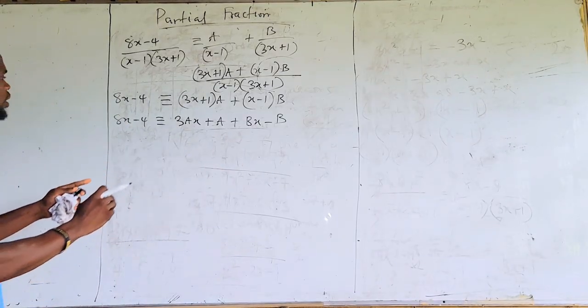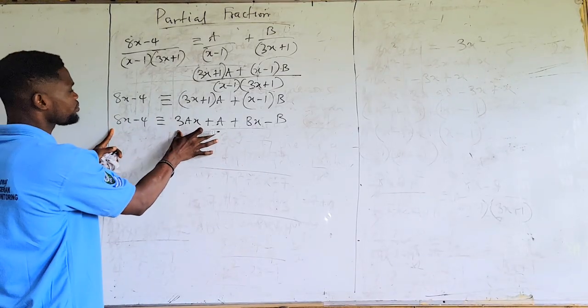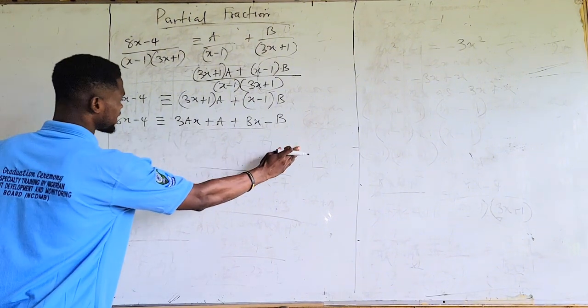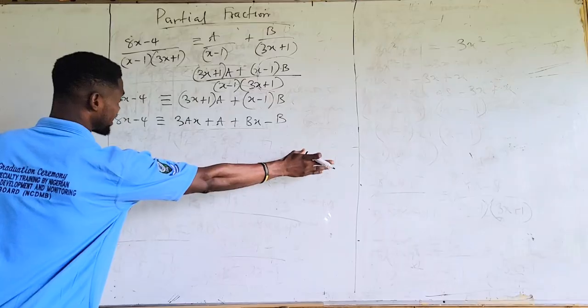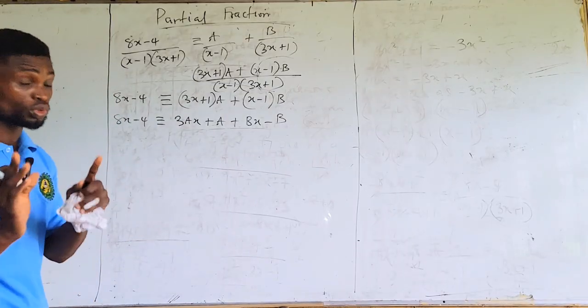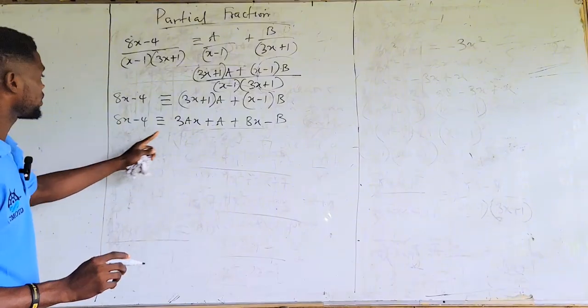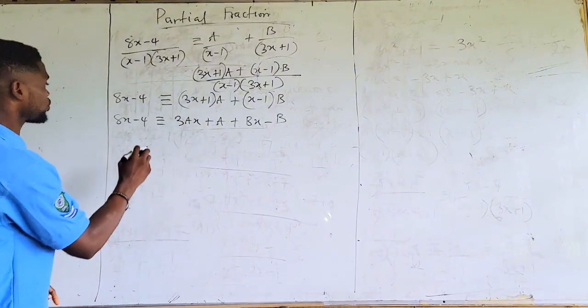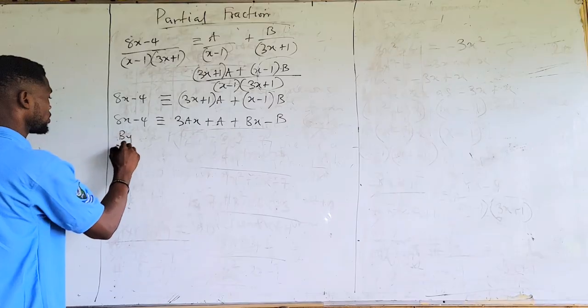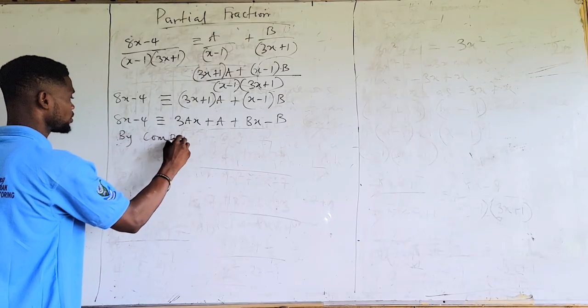We're going to compare, by comparison of x, the right hand side and the left hand side. So if we do that, now we have 3a by comparison.